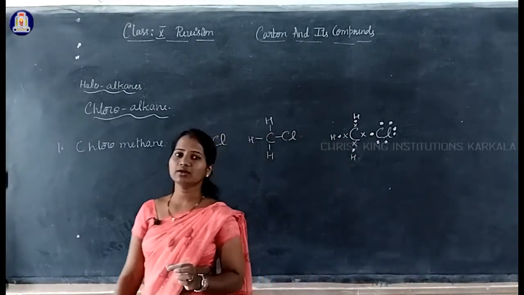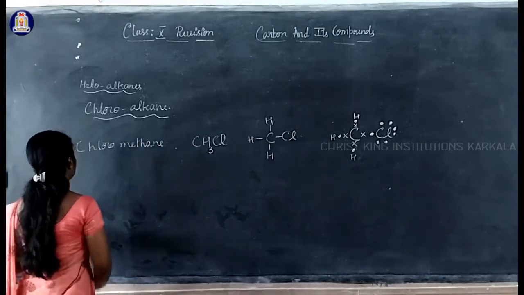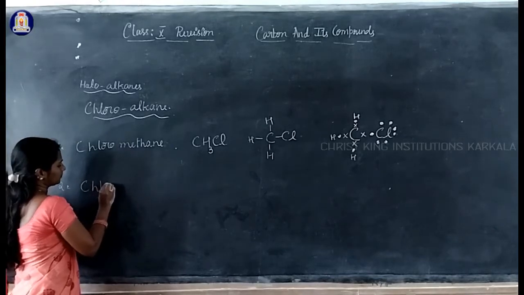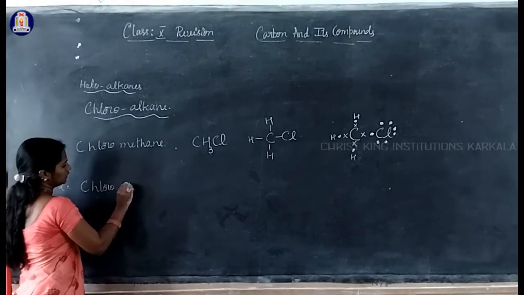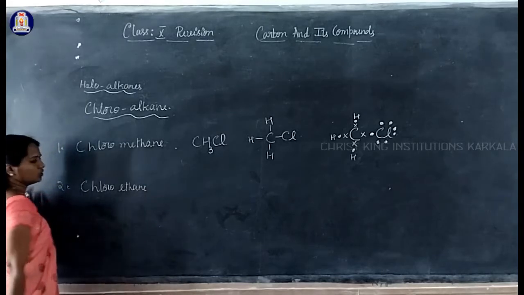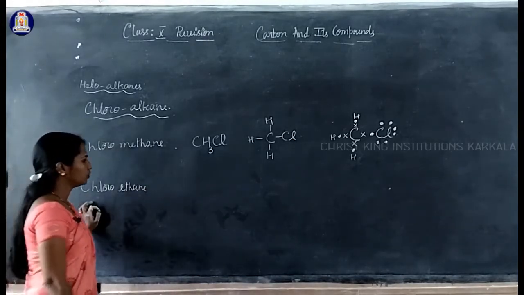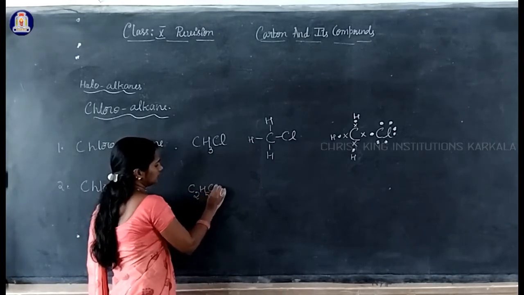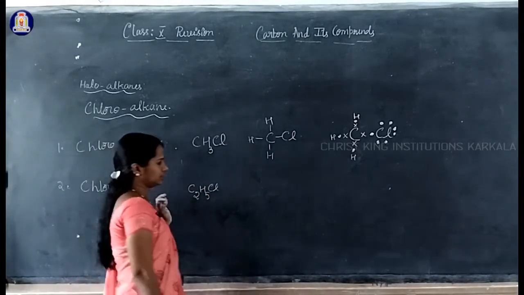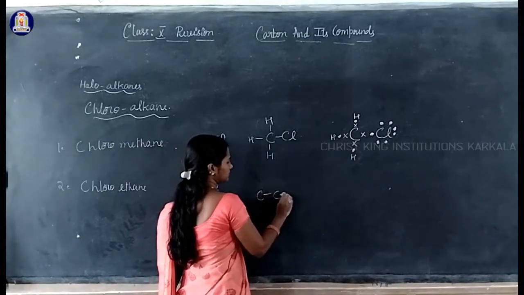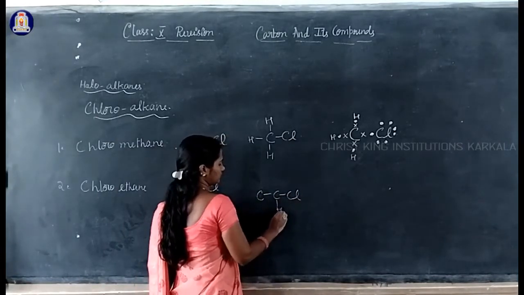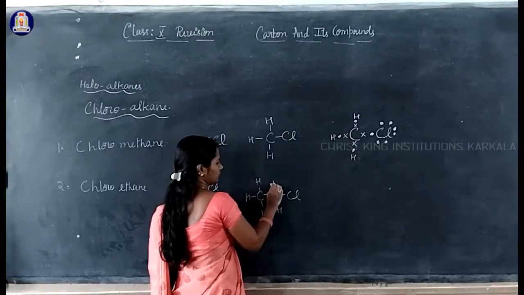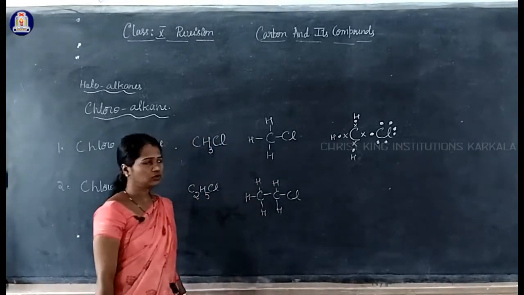We'll move to the second compound of this family, that is chloroethane. Chloroethane, we can write the formula as C2H5Cl: 2 carbon atoms, this is Cl, 1, 2, 3, 4, 5 hydrogens.